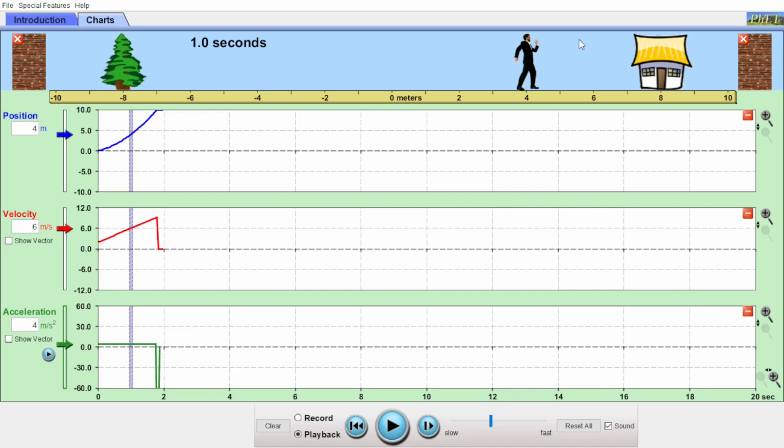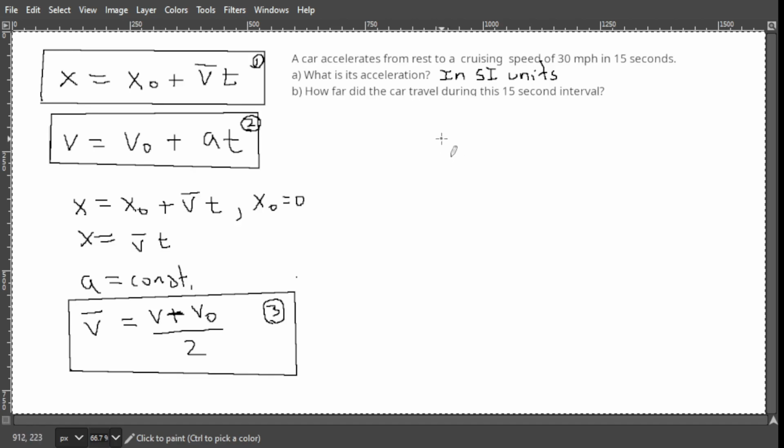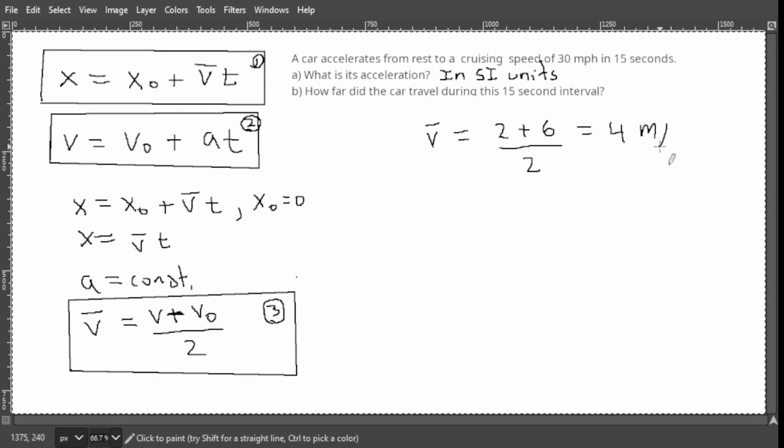So we've just pretty much demonstrated here for those couple of examples, and we could keep doing more. In the last example we just looked at, the average velocity was 4. Remember, the initial velocity was 2, plus the final velocity we saw was 6 1 second later, and then divided by 2. And this gives us 4, and the units are meters per second.